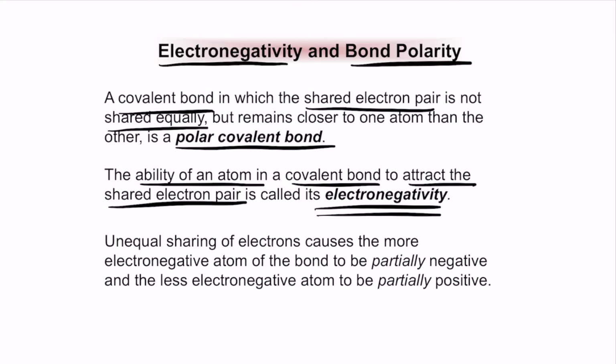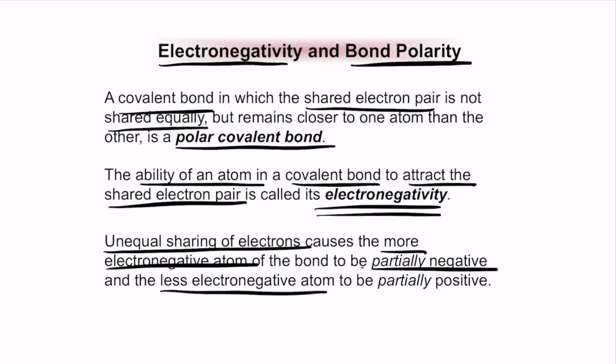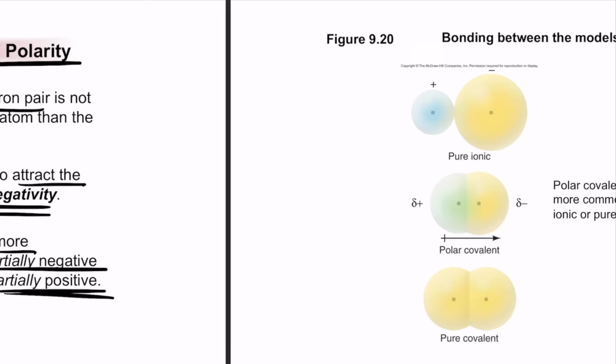And this electronegativity is the reason why there is unequal sharing of electrons, which causes the more electronegative atom to be partially negative, because it attracts the electrons towards itself, and the atom that has less electronegativity will become partially positive because it's being deprived of the electron pair that is meant to be shared equally.